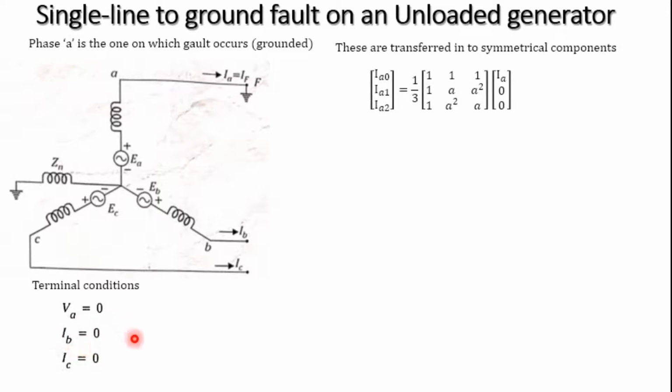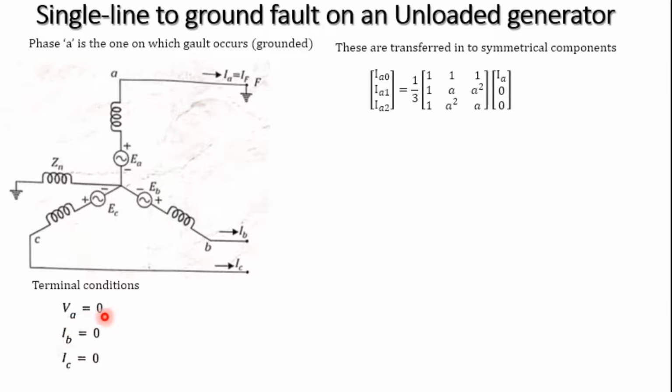Here IB and IC are 0, so it is very easy to calculate the symmetrical components for the current, because two phase currents are 0, whereas for the voltage only one condition is 0.